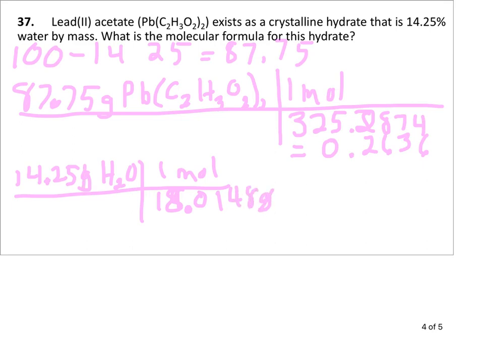Grams divide out to grams. Forgot to divide those out up here. Forgot to write grams. And then we need to divide those. And we get 0.7910. And we're going to divide them both by the smaller one.